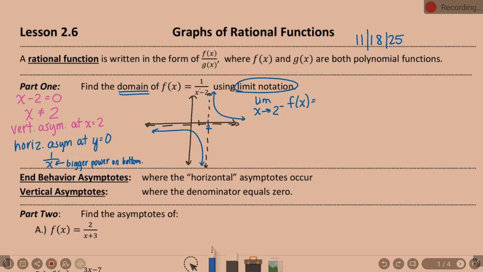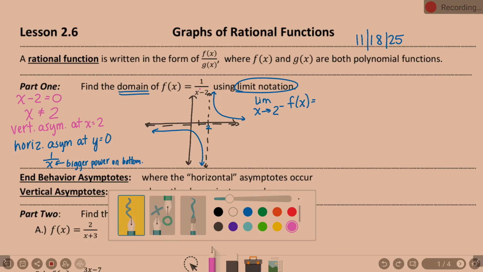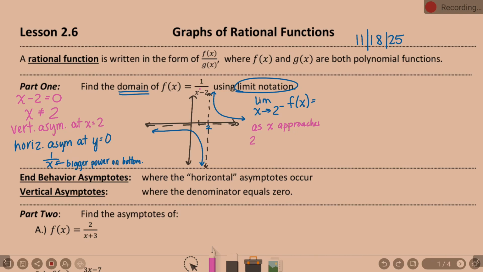That's what I always say, though. As x approaches 2 from the negative side. Okay? In fact, I'll even write that down here. As x approaches 2, I guess what I always say is from the left. Now, from the left as in from the negative side, yes?